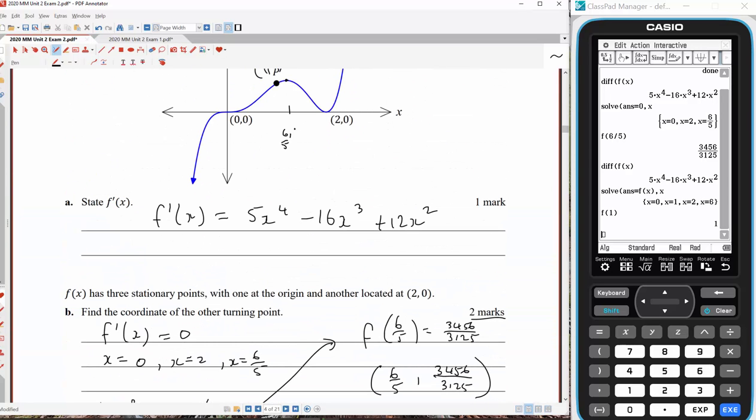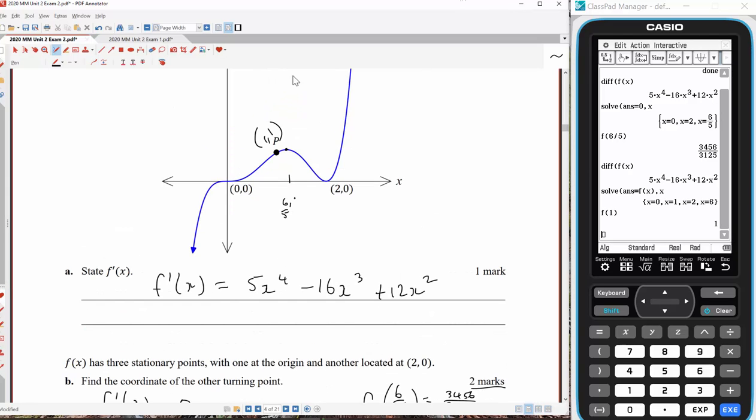Okay, so what's going to happen is the derivative graph will have 0 gradient there, 0 gradient there, and 0 gradient there. It's got a positive gradient, so it comes in there.